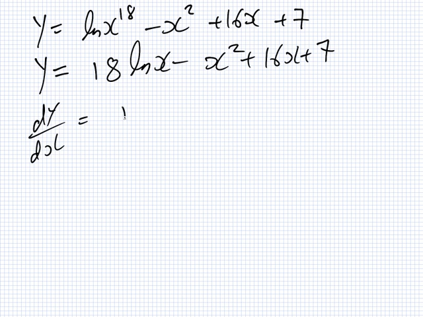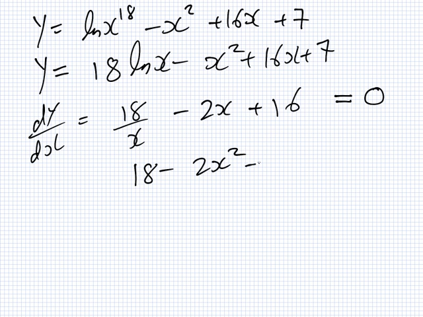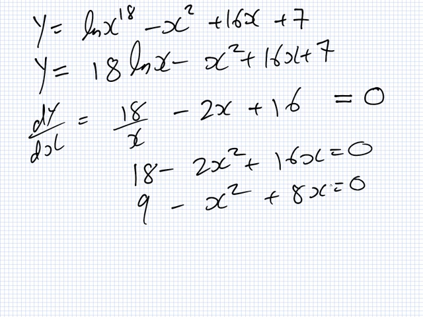So this will be 18 over x minus 2x plus 16 equals 0. What to do next? Multiply by x. And I think I'll also divide by 2. So I get x squared minus 8x minus 9 equals 0.